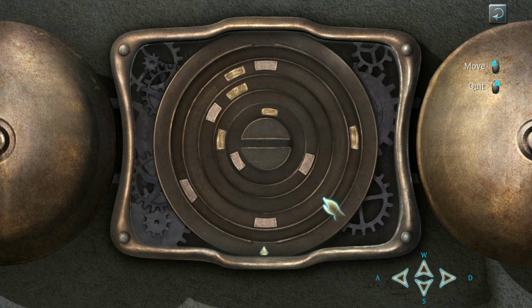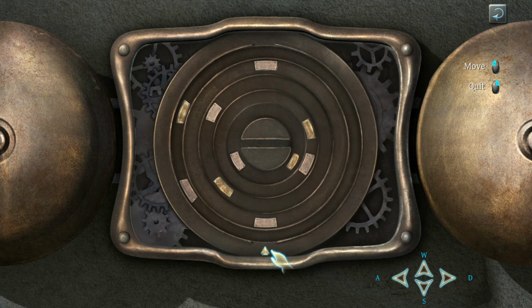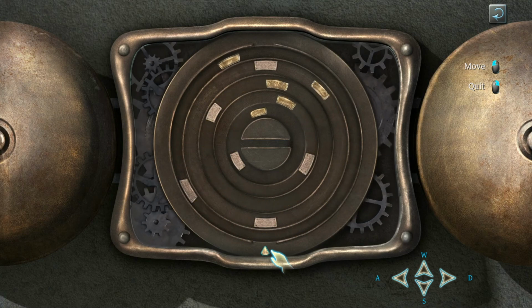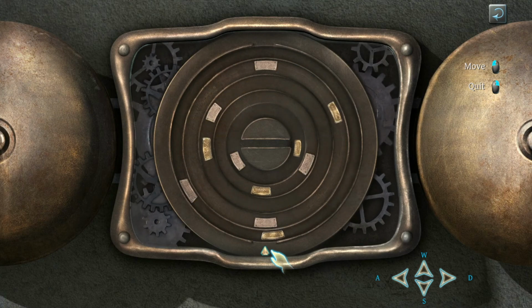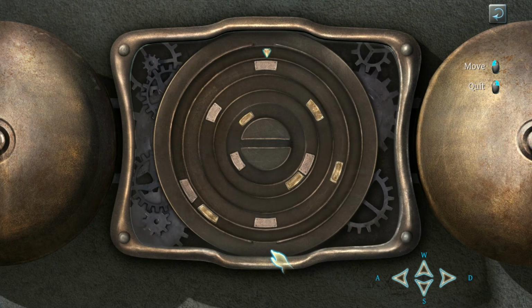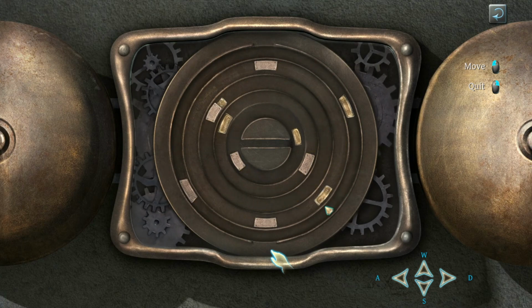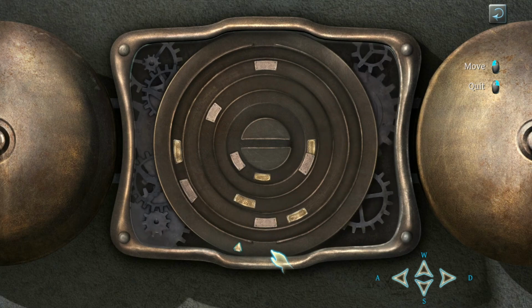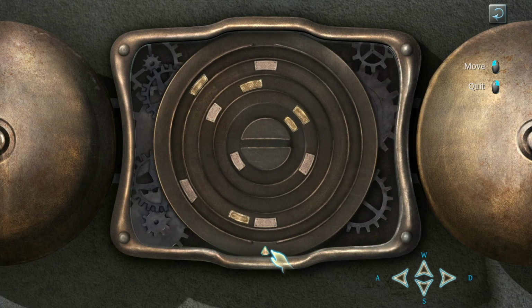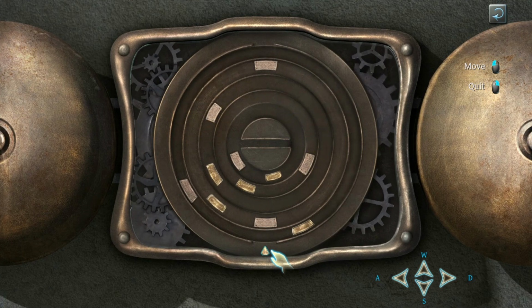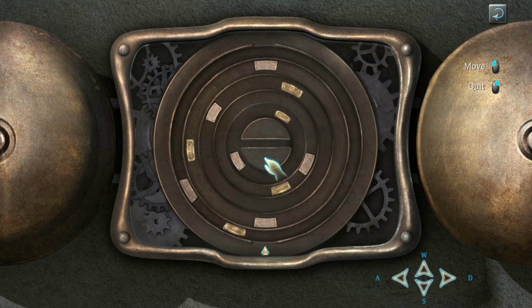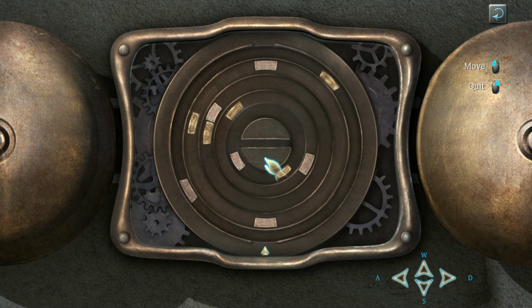What am I supposed to do? Am I... Okay, so... I probably need to get this arrow over there, maybe?